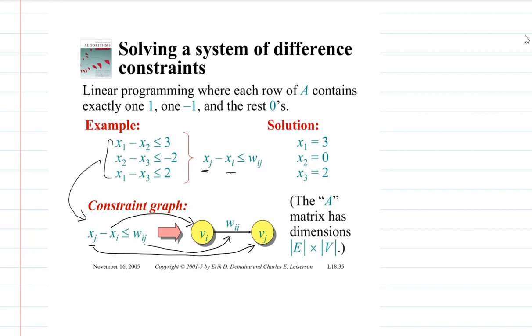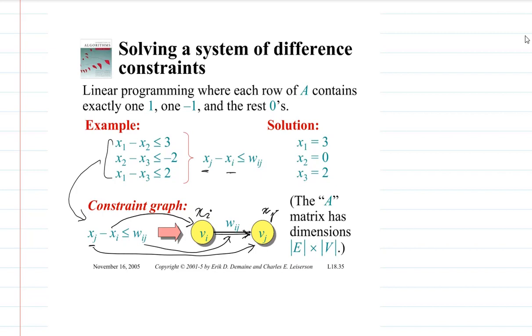So the value on vj will be xj, and the value on vi will be xi. Keep in mind that this is directional, in which we are going from vi to vj.